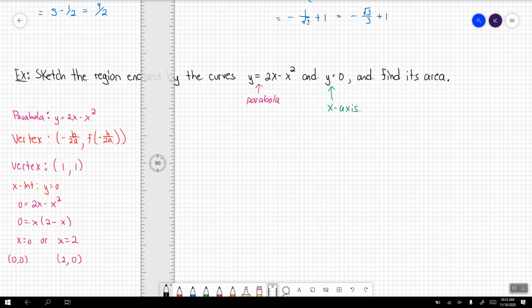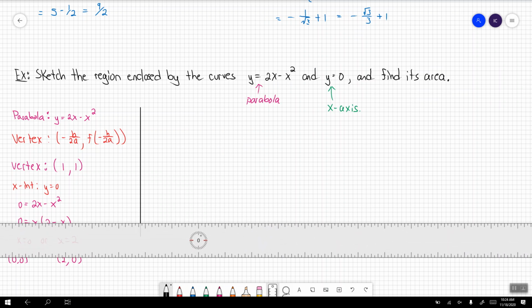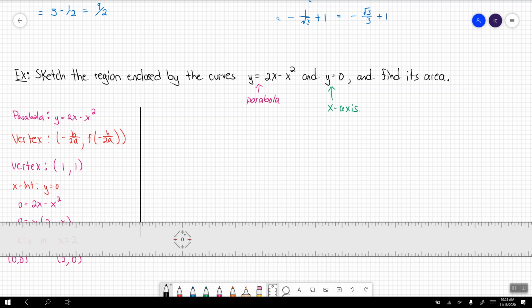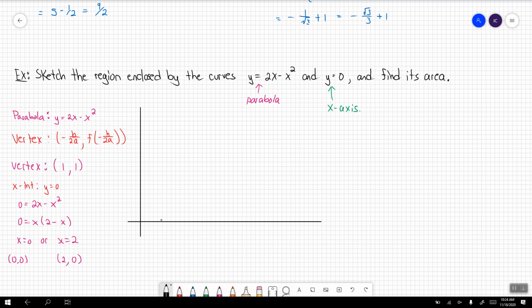Okay, I think this is all in the first quadrant, so that looks pretty promising. Alright, so here we are.